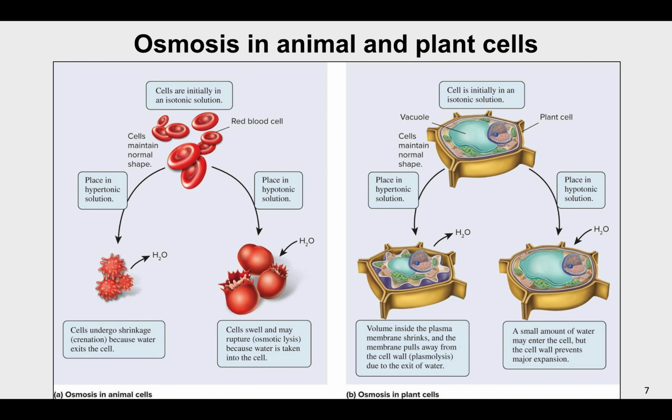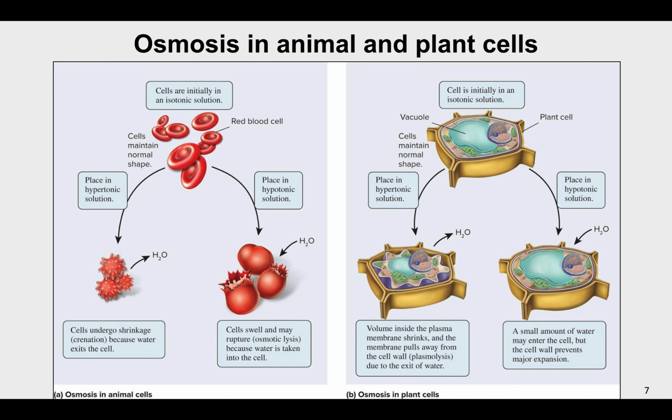On the opposite end here, if we place our red blood cells in a hypotonic solution, so there are fewer solutes on the outside than there are on the inside, water is going to want to move into the cells, because there's more solutes inside of the cells. Water is moving towards that higher solute concentration.